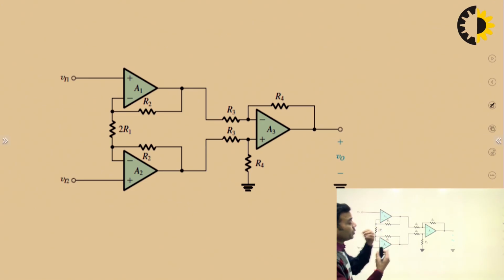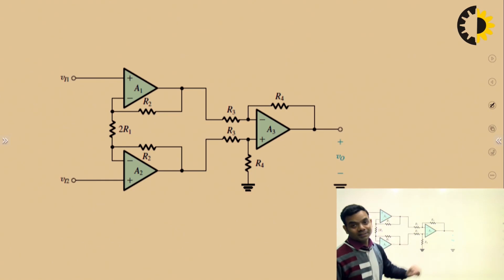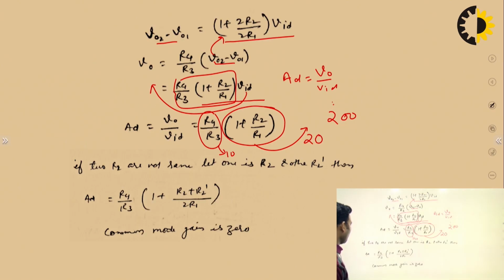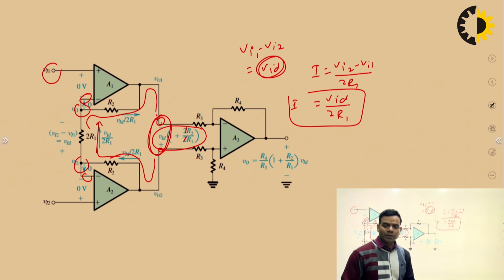Even if some noise comes, then again that noise can be rejected by this amplifier. There are two stages for the noise rejection, and its common mode gain is 0. So we can say that its CMRR is very high. So this is what is known as an instrumentation amplifier.